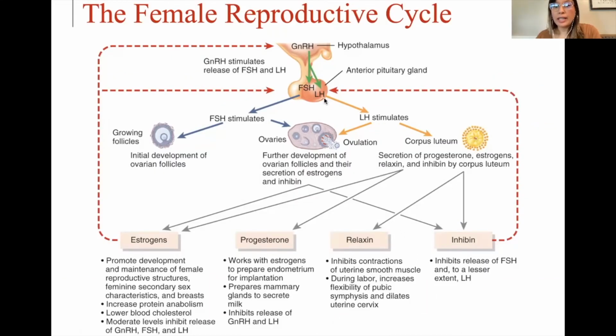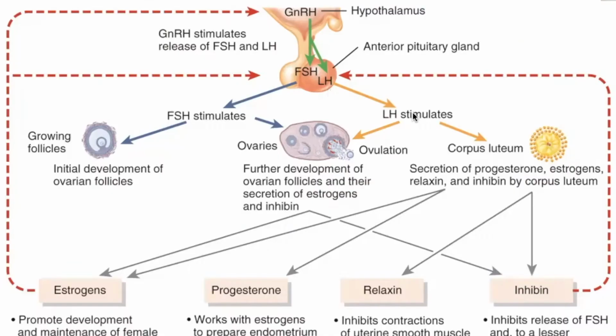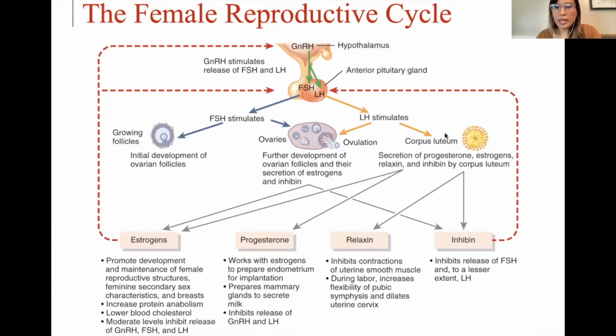Meanwhile, LH, or luteinizing hormone, stimulates ovulation in particular, and it also stimulates the corpus luteum. If you recall, the corpus luteum is the structure that develops right after ovulation, because the follicle remains inside of the ovary and becomes the corpus luteum.